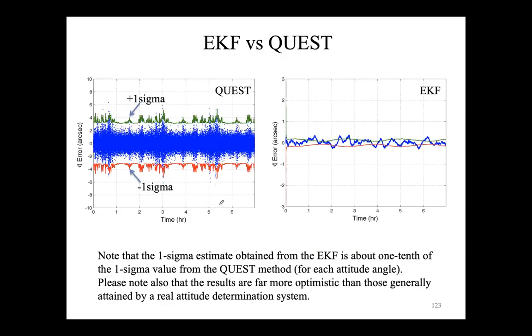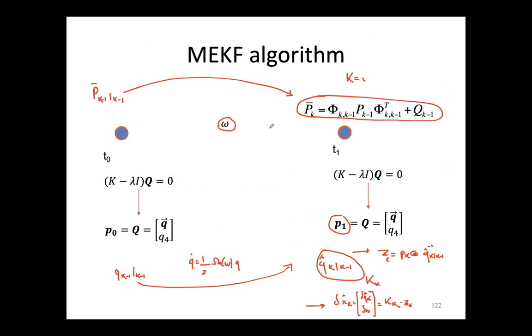So what you have at hand is that your quest algorithm and the extended Kalman filter provide different results. As I said, my example is only for the first instant. Of course, if you want to go to T2, you're not going to start from the covariance matrix of the quest algorithm, but from the covariance matrix of this epoch of the extended Kalman filter.